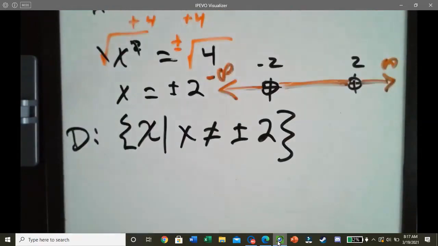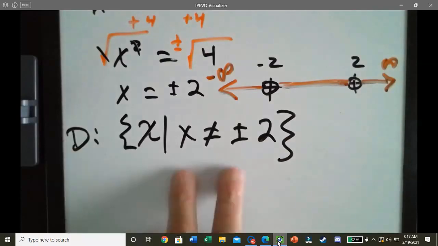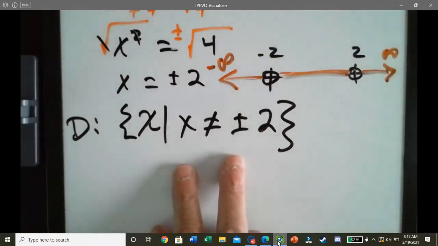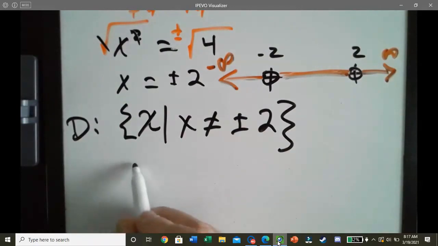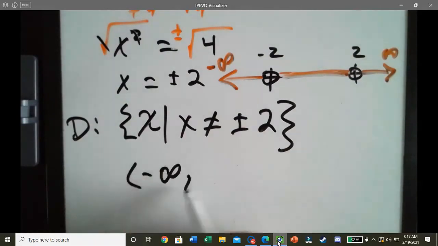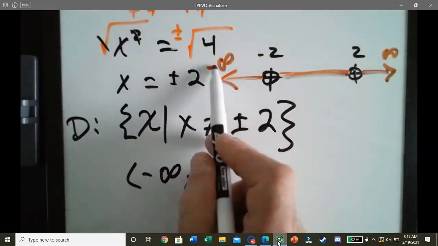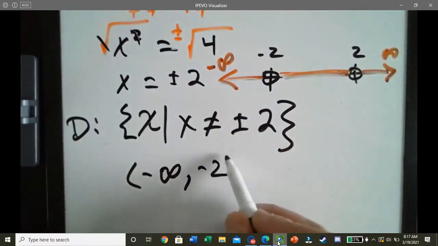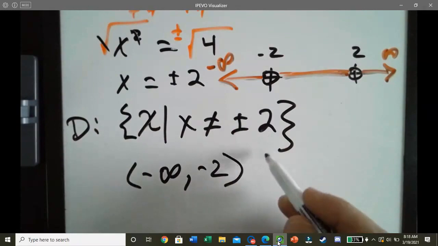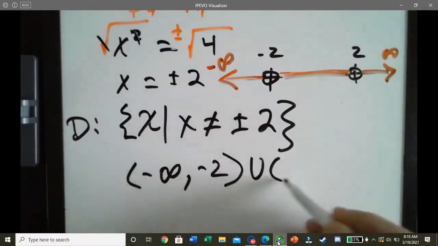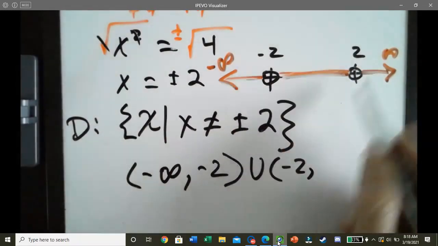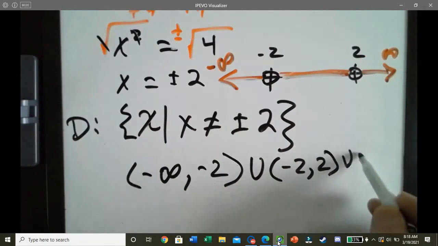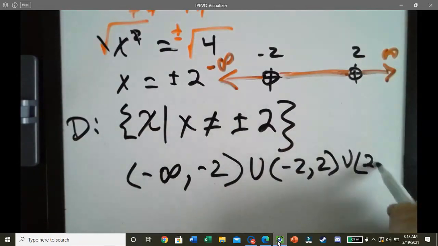There are two ways that you can write the domain. One is set notation like this, and the other is interval notation, which is probably more like what you're used to: open at negative infinity to negative 2, then negative 2 to positive 2, then union 2 to infinity, open at infinity.